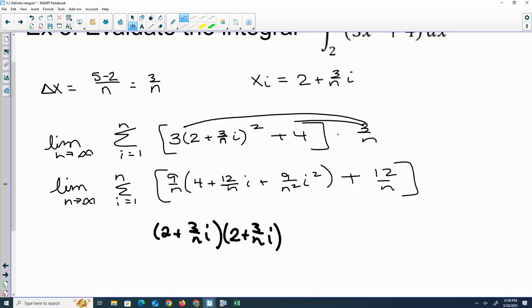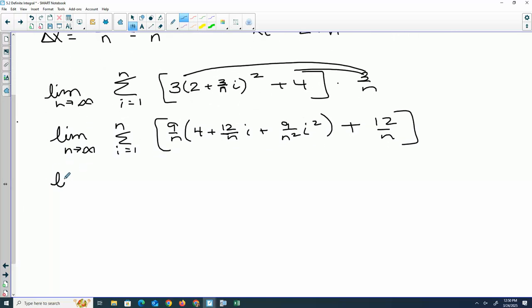Other questions right now? What do I do next? Distribute the 9 over n, from 1 to n.